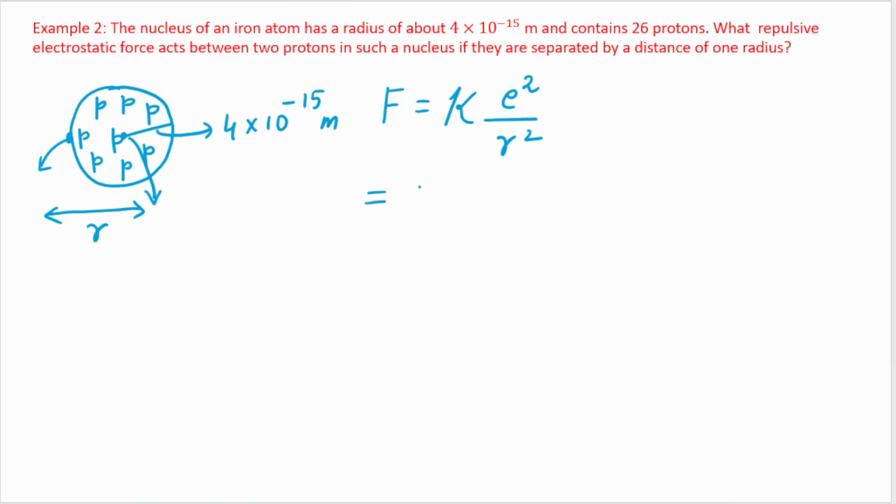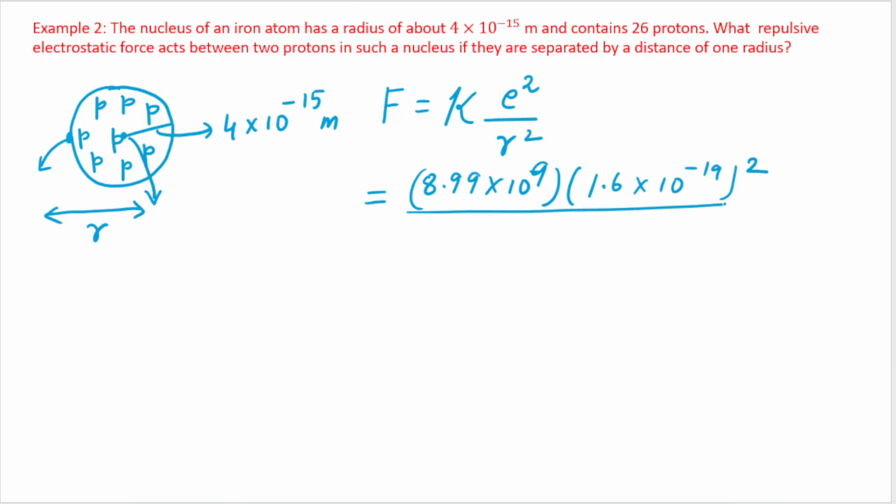Substituting the values, 1 by 4 pi epsilon naught is 8.99 into 10 to the power 9. Charge is 1.6 into 10 to the power minus 19, and there is a square here, so square this value, divided by 4 into 10 to the power minus 15 whole square. Simplifying this, we get a value of 14 newtons. This is a very large force.